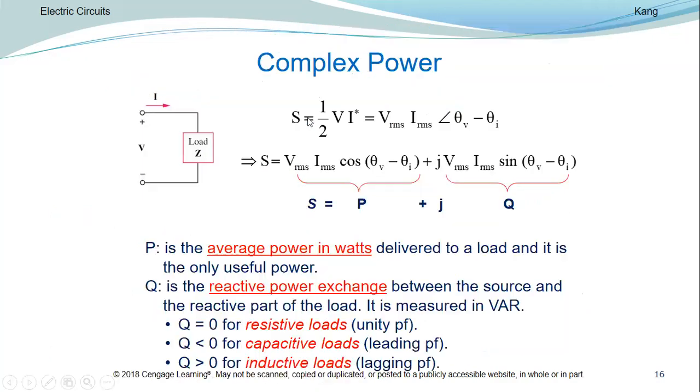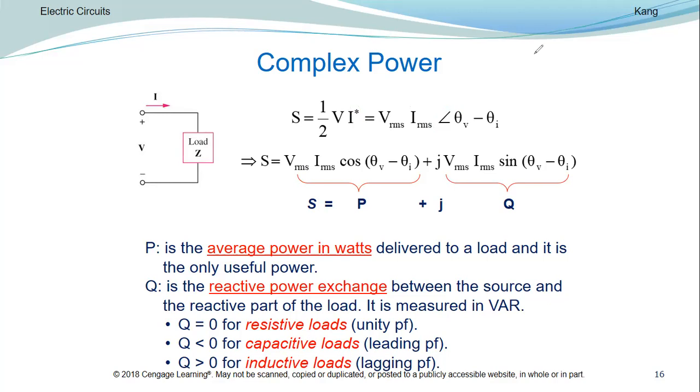Hope you understand it. So this is elaborating that for a complex parameter, it is equal to half V into I static. So it will be VRMS into IRMS with the angle value, which is theta V minus theta I. So there are three things in the formula. Just give me 1 second, I have to write here.